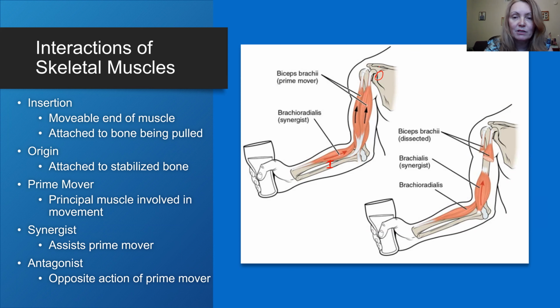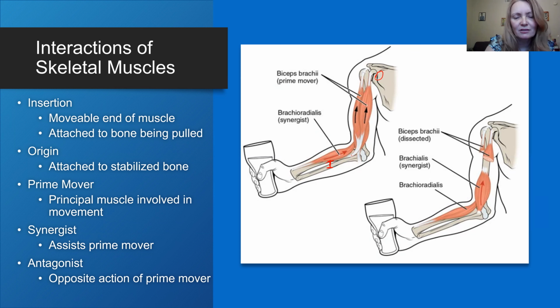So you can see it pretty much goes through two joints, your shoulder joint and your elbow joint over here. So because it's moving across the joint, it's able to move your bone, right?